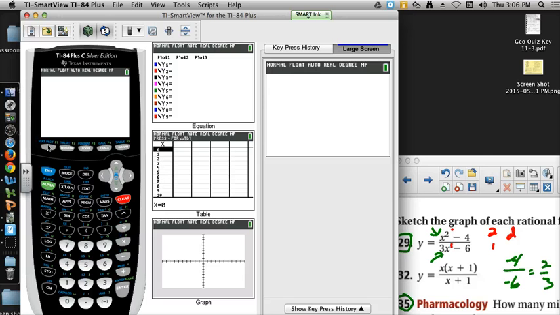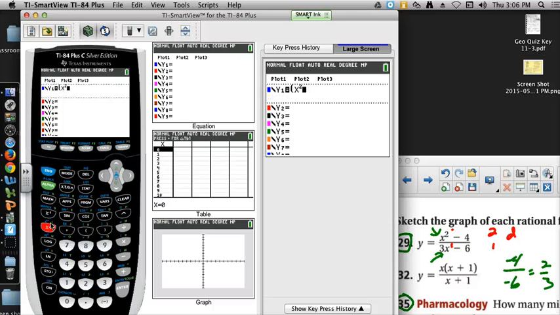We have to be careful that we are using parentheses. Absolutely, we have more than one term in our numerator and in our denominator. So we'll need parentheses and then x squared minus 4, parentheses, divided by parentheses 3x minus 6.